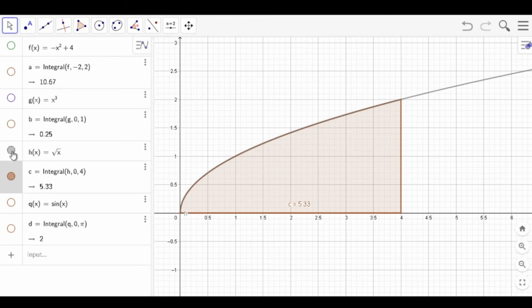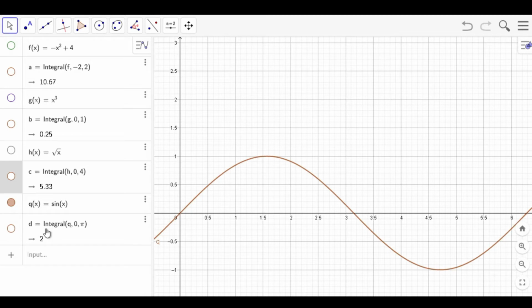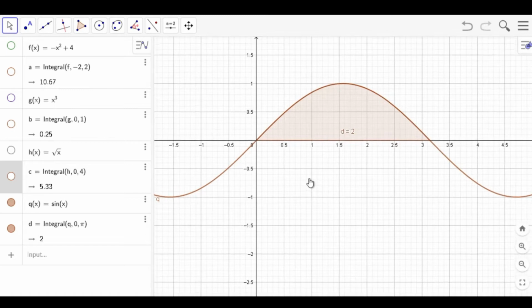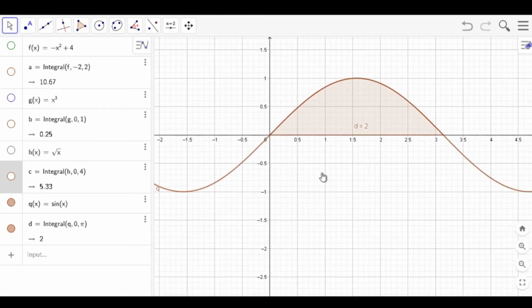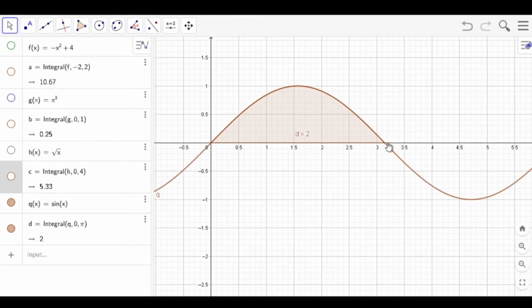Mako-compute natin. So, our next function is sine. Sine of x, ano yun? Ang ating limits ay magmumula tayo sa 0 to, actually pi ito.